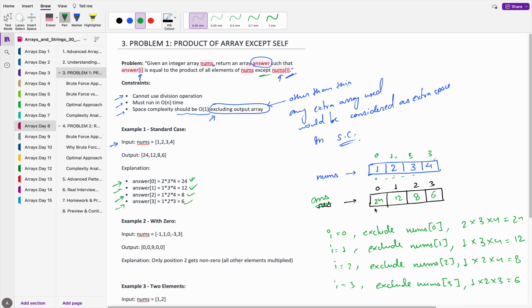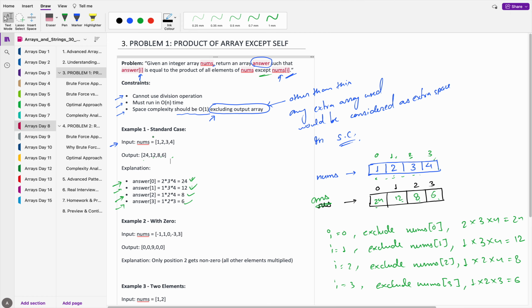So what is the output? The answer array is 24, 12, 8 and 6. Yes, so that's all this problem is about. Now it's up to you how you can solve it, because there must be some reason why this problem is considered one of the most frequently asked in FAANG interviews.